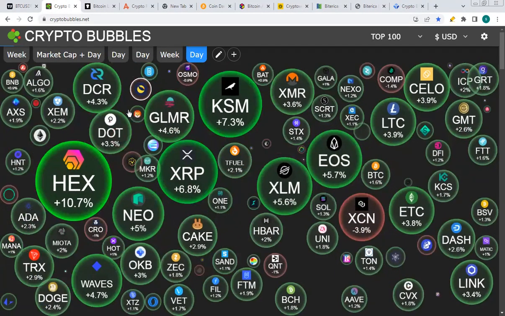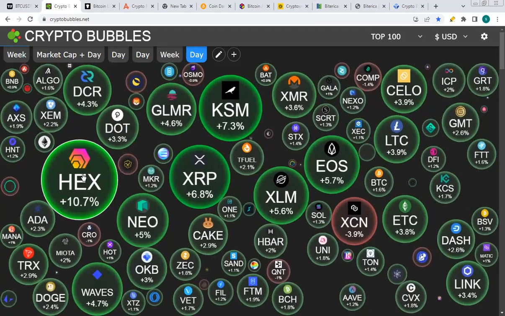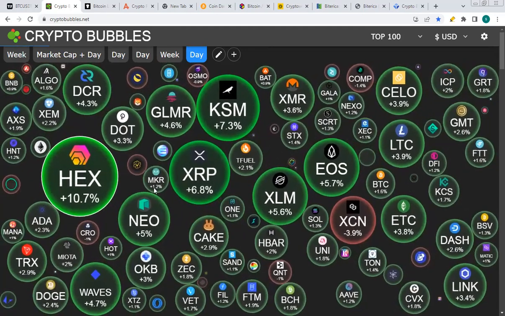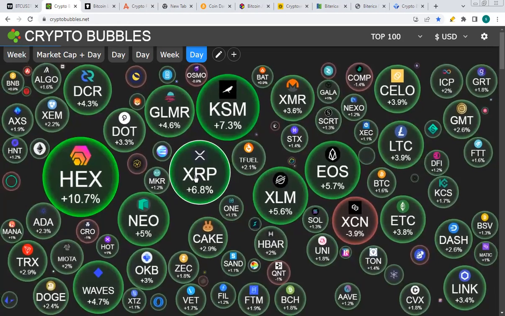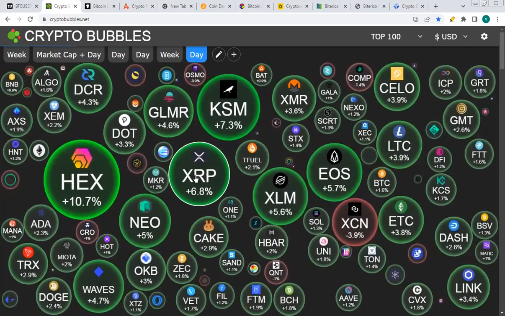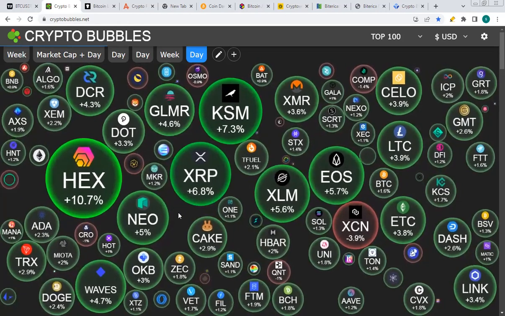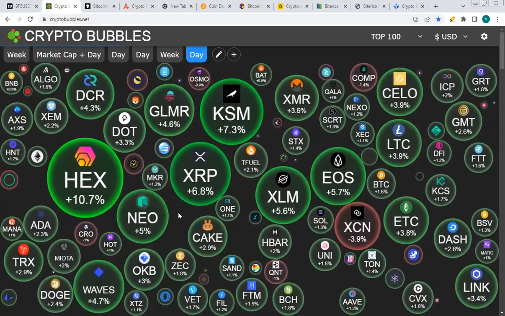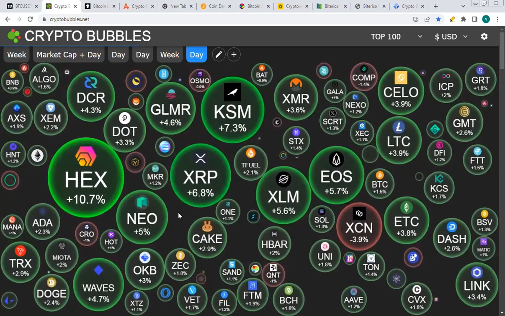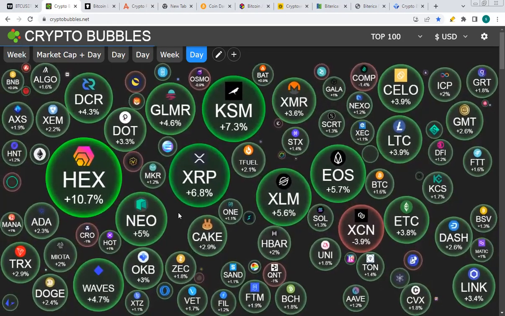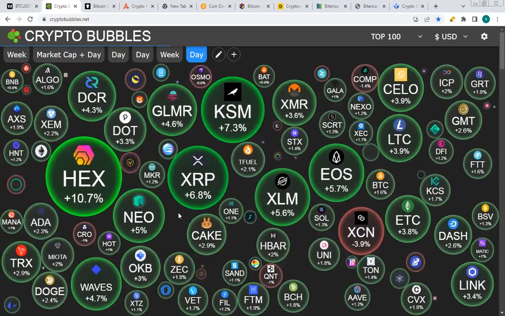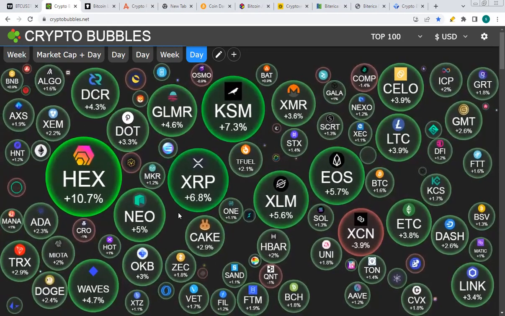The big movers for the day are Hexcoin up 10.7% and XRP up 6.8%. A lot of talk going on about XRP at the moment, about things looking good for them against the US SEC, and XRP doing deals worldwide with banks.